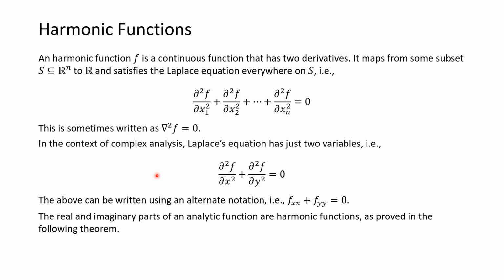Sometimes it's written with this alternate notation, f_xx, which means the second derivative of f with respect to x, and then the same thing for the second derivative of f with respect to y. So we're going to prove a theorem on this topic relating harmonic functions to analytic functions, and I'll do that on the next slide.